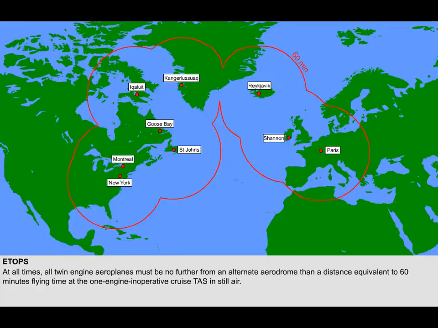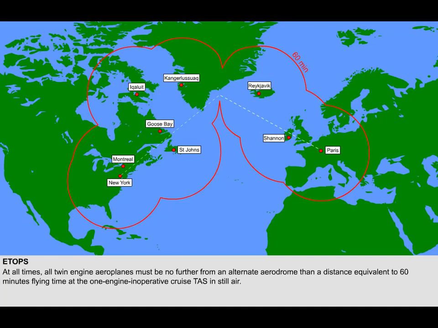EU OPS 1 states that twin-engine aeroplanes beyond a certain size must be no further away from a suitable aerodrome than the distance flown in 60 minutes using the one-engine-inoperative cruise speed. For aeroplanes with 3 or more engines, the time is increased to 90 minutes.